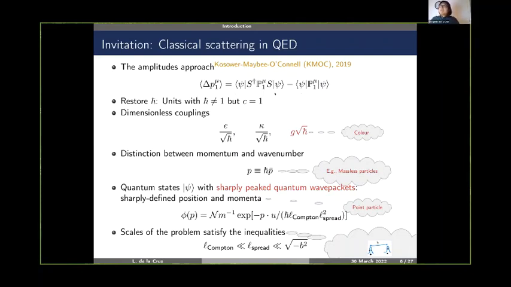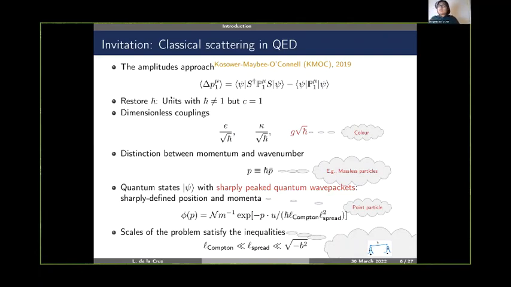Because my observable depends on the S matrix, eventually I can use my expression of the S matrix in terms of the transition matrix to obtain the observable in terms of amplitudes. So that's the idea of Kosower, Maybee, and O'Connell. If I want to compute the classical observable using amplitudes, then I have to compute this difference and then take the classical limit, of course.